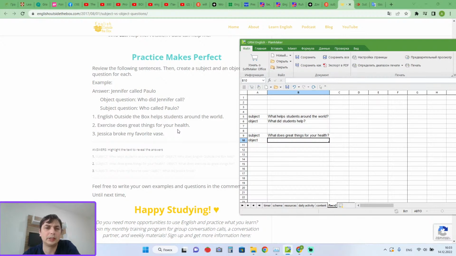What does exercise do? What does exercise do for your health?